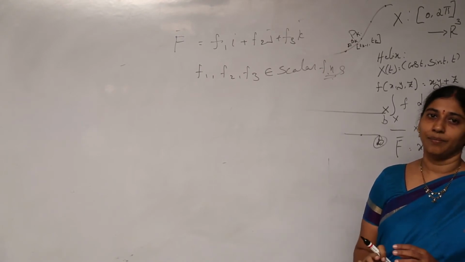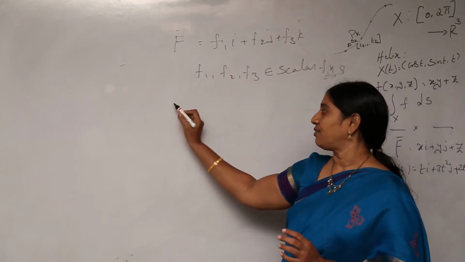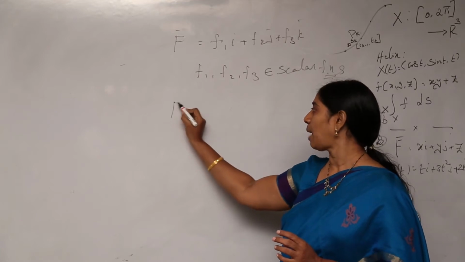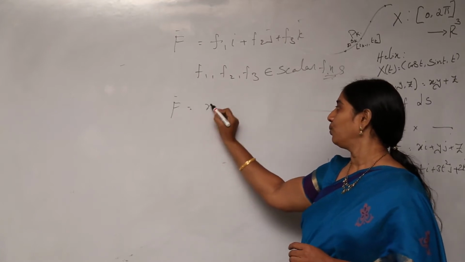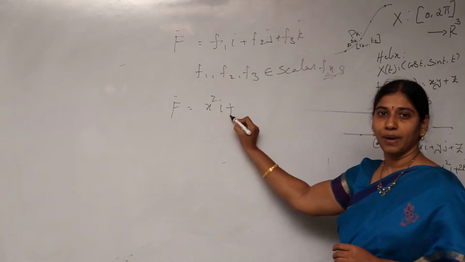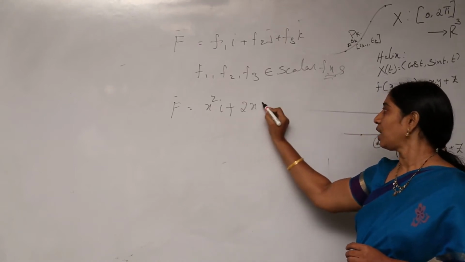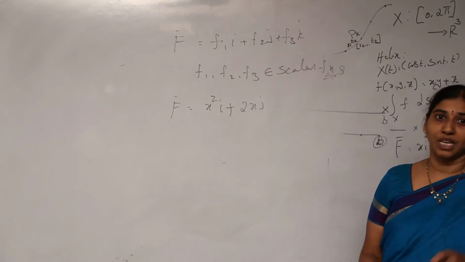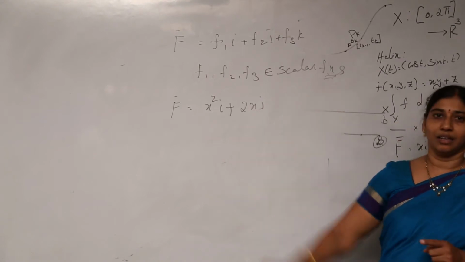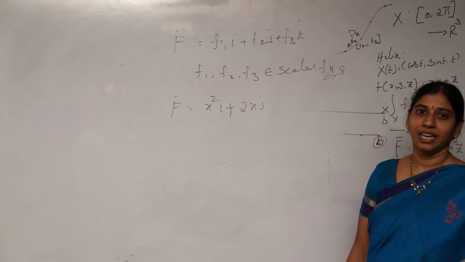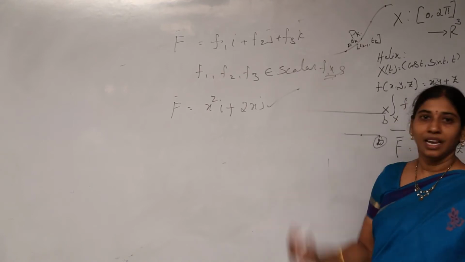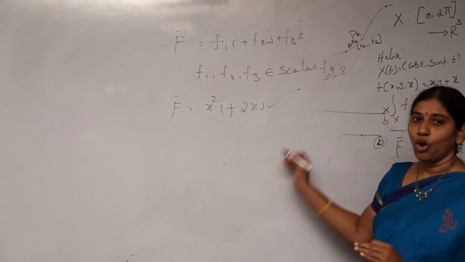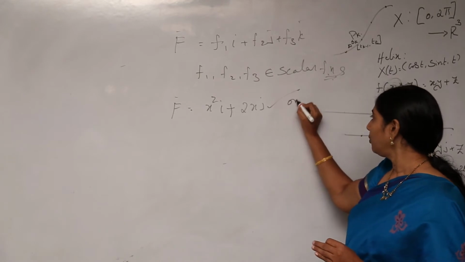In specific, if I write F = x² i + 2x j, then this is a vector valued function. But observe, how many variables are there? Only one variable, that is x. So this is a vector valued function of one variable.